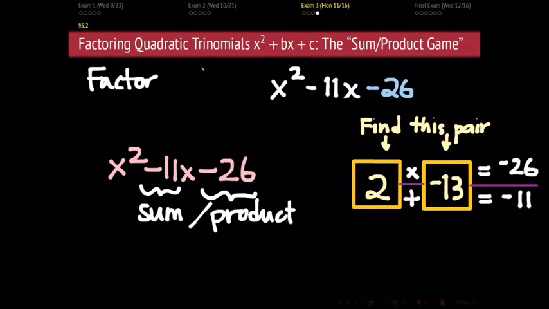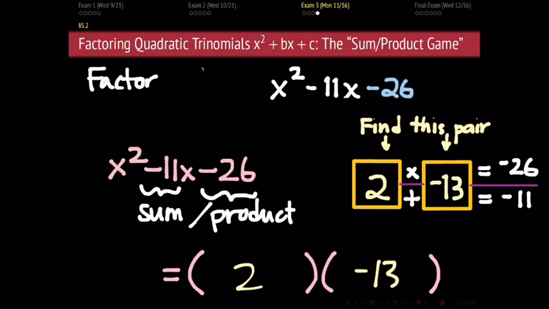Now that we have them, what do you want to do with them? All right. So every factoring problem is going to lead us to a product of factors inside parentheses. So we're going to set up a couple of big sets of parentheses and put these numbers inside the parentheses. How do I want to put these inside the parentheses?